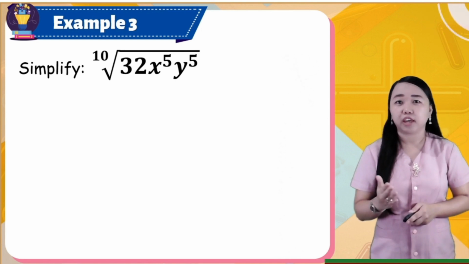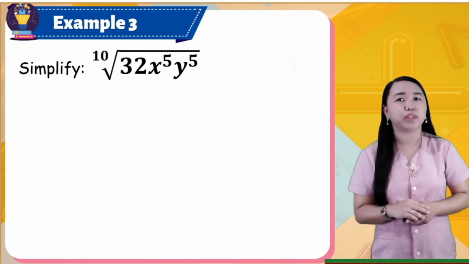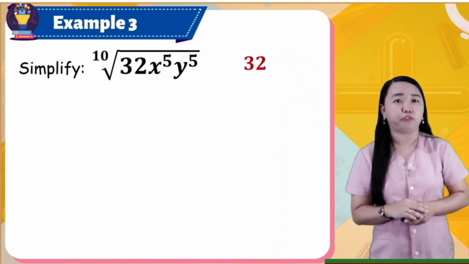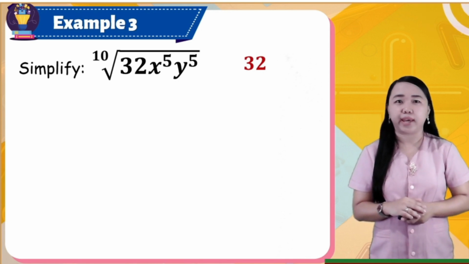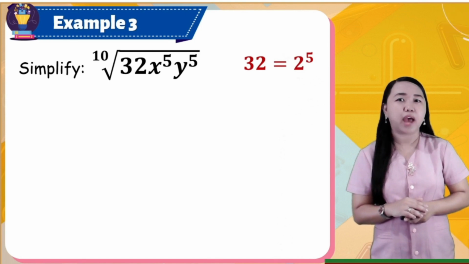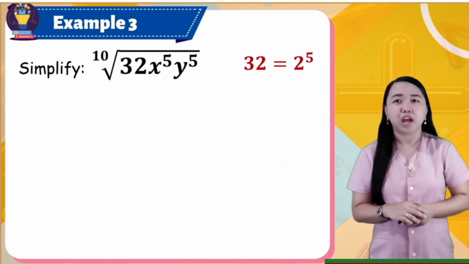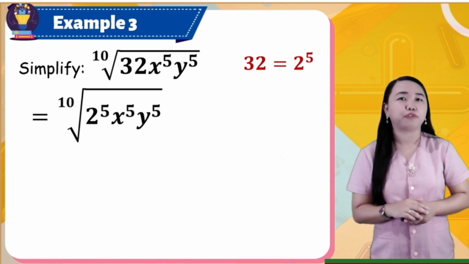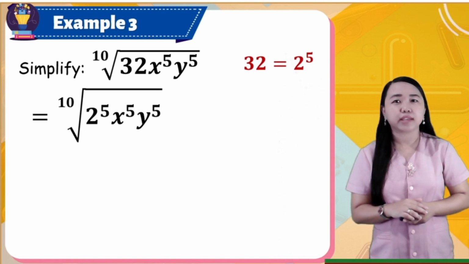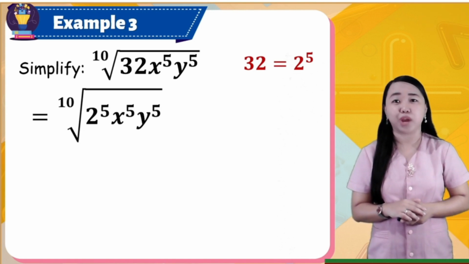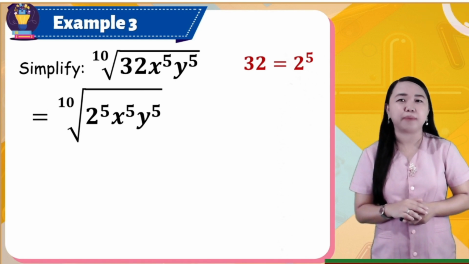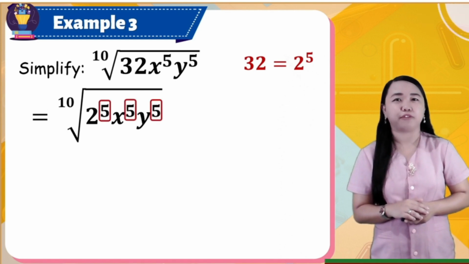Let us check if there is a common factor with the index when 32 is written in exponential form. 32 is 2 raised to 5 in exponential form. Rewriting the radicand, it becomes 10th root of 2 raised to 5 x raised to 5 y raised to 5. The exponents of the radicand are the same, and it is 5.